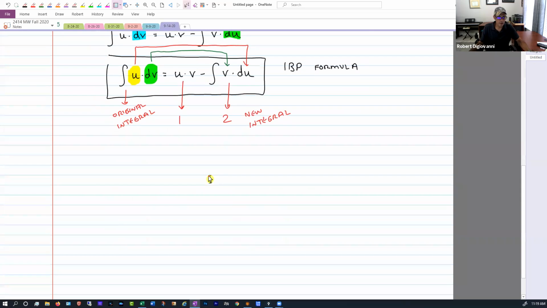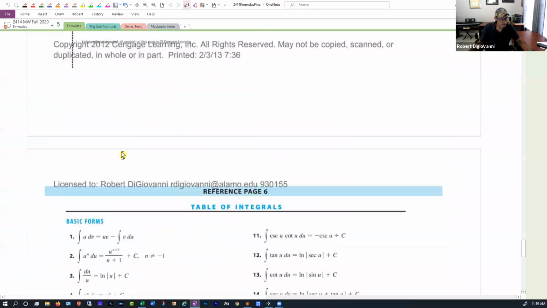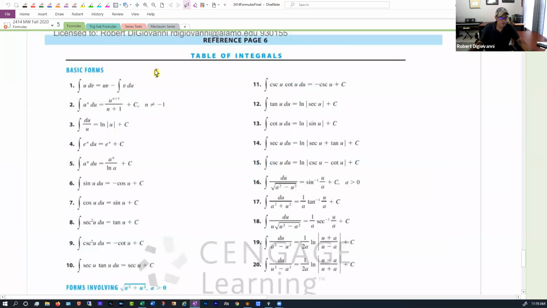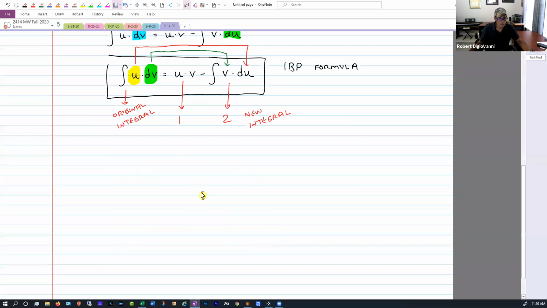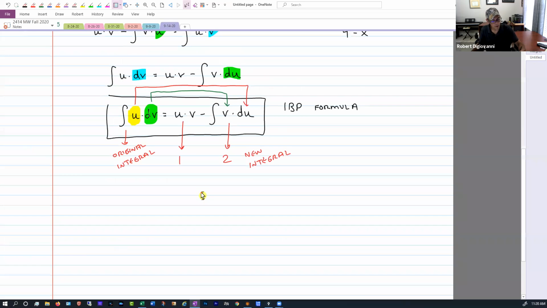So let me remind you that that formula is actually formula number 1 on reference page 6. The integral of u dv is equal to uv minus the integral of v du. Oh, and I forgot to tell you the cute little way you can remember it. The cute way you can remember this is a little saying: ultraviolet minus voodoo.